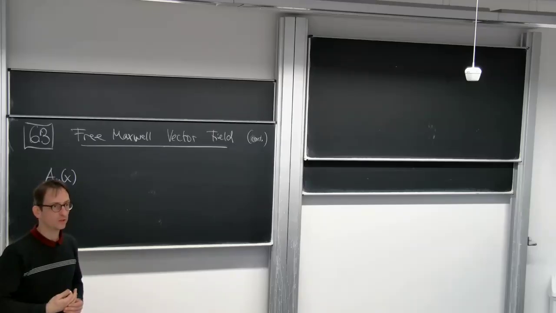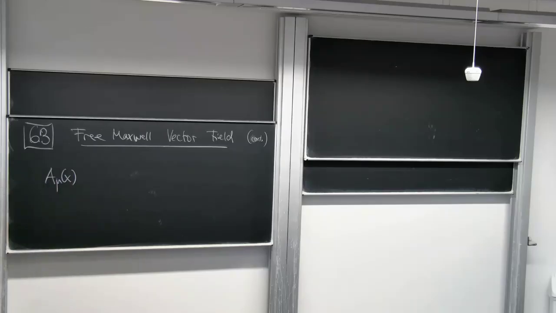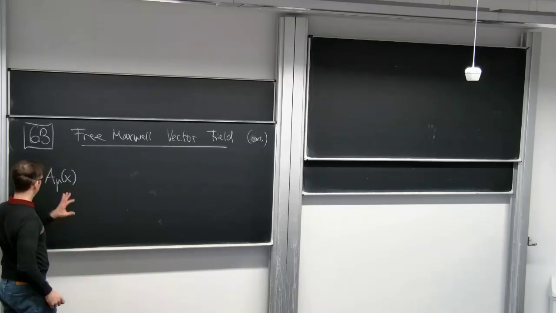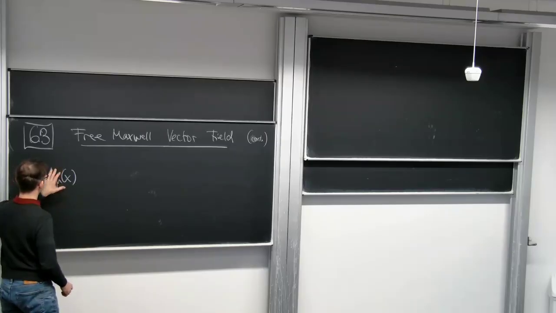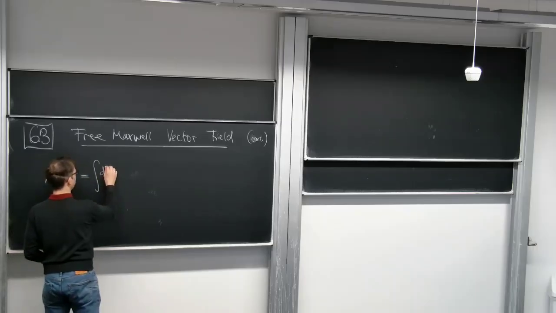And then we wrote down what we had. Again, we wrote down what we know about the solutions to the Klein-Gordon equation and just did it for all the components.